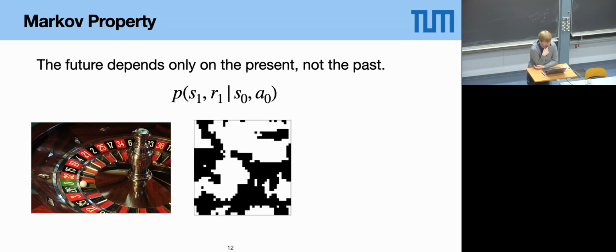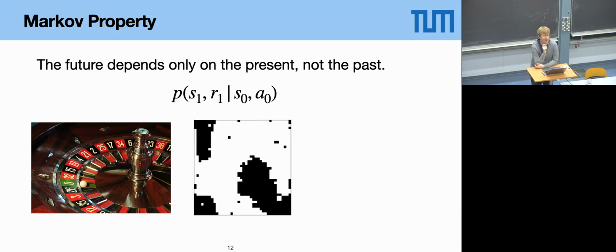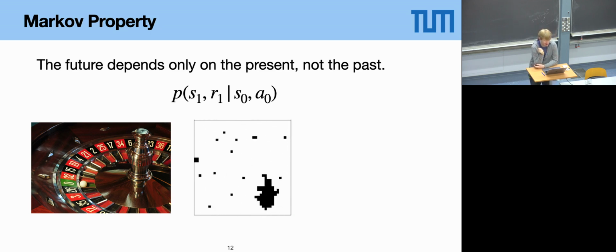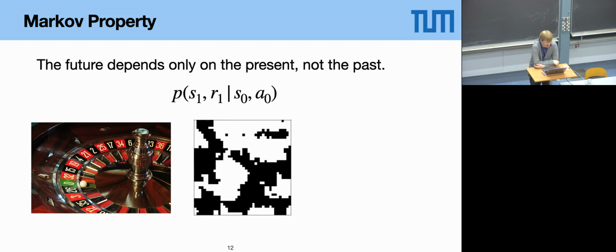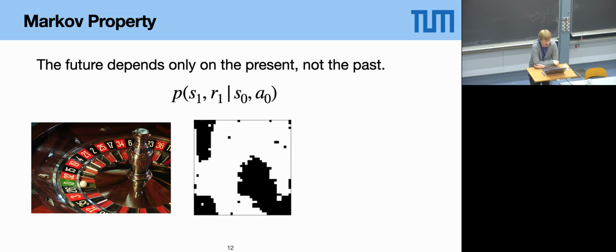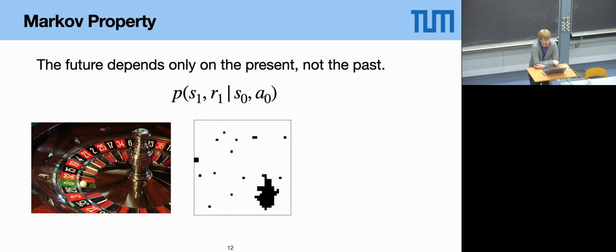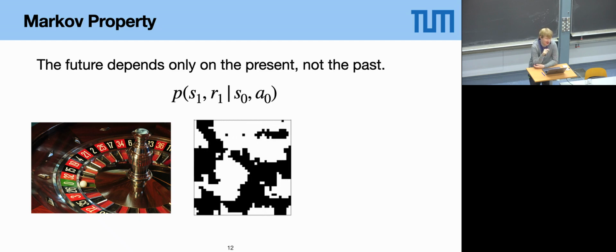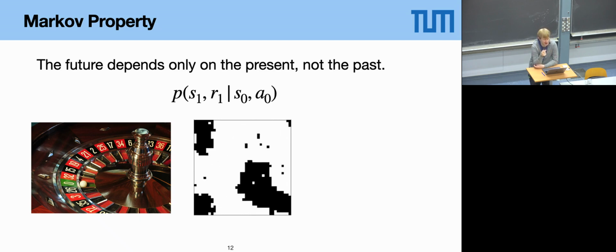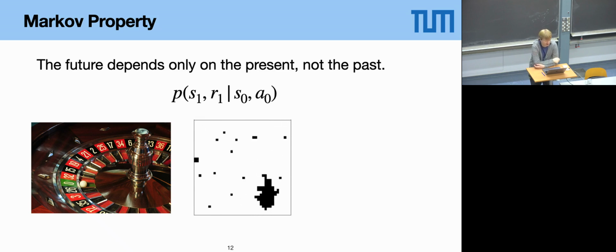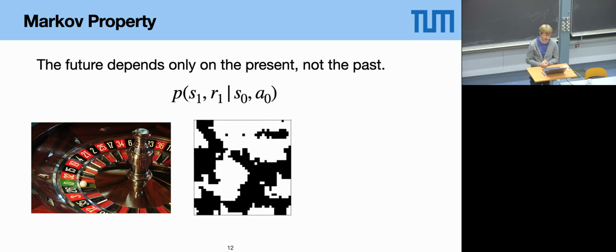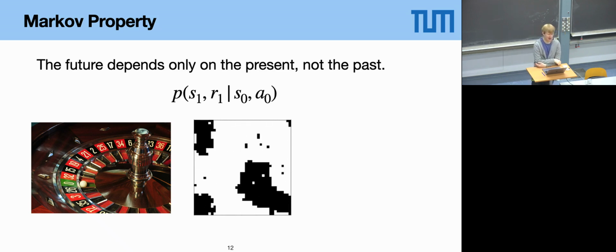Then you have this little thingy. It's a physical system called the Ising system, and you have all these cells that can either be black or white. In each step, depending on neighboring cells, if there are more black ones, a cell is more likely to become black in the next step, and if there are more white ones, it's more likely to become white.